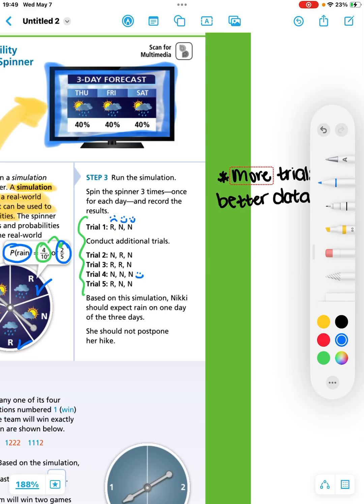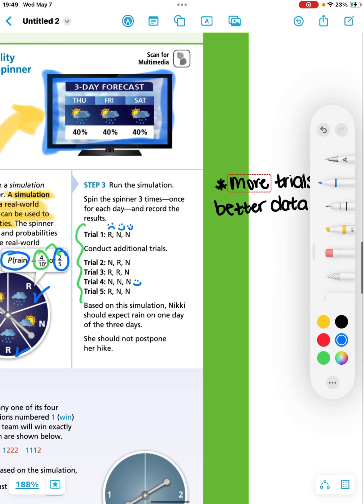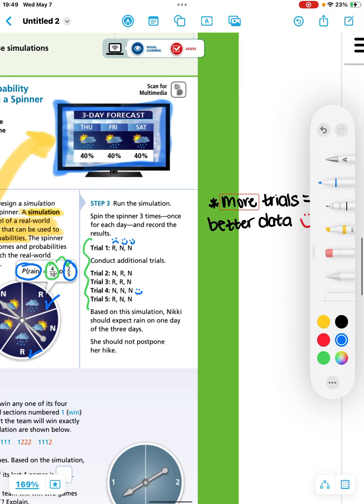Based on this stipulation, Nikki should expect it to rain just about 1 out of the 3 days. And because of that, if it's only going to rain 1 day, then she's not going to postpone her hike. She's still going to go hiking. So hopefully her prediction is correct. Because keep in mind, with all these probabilities, we are focused primarily on educated guesses.